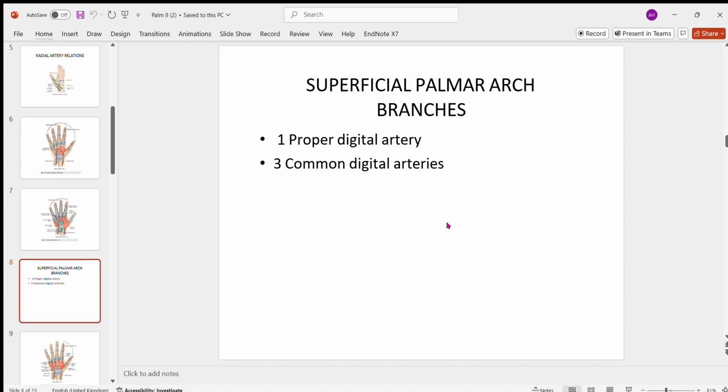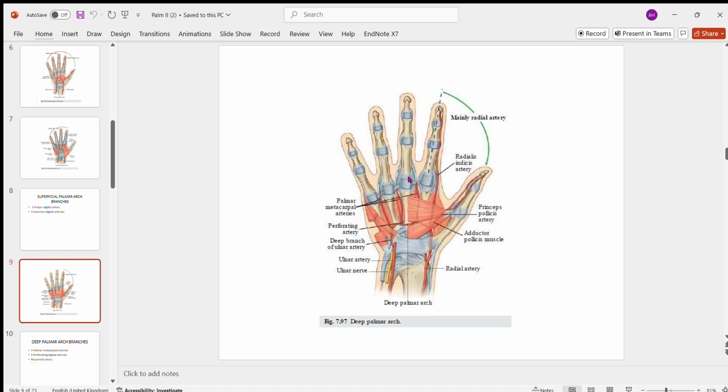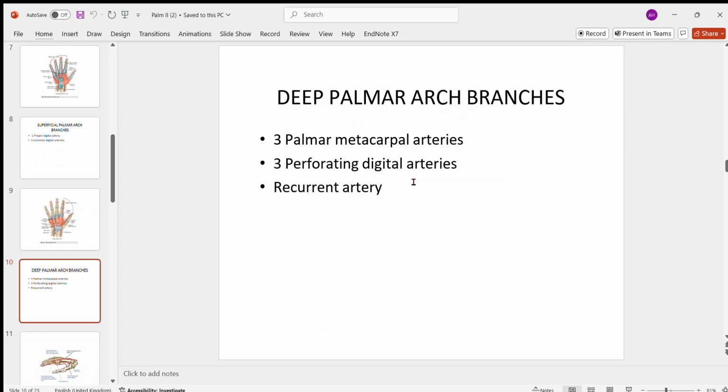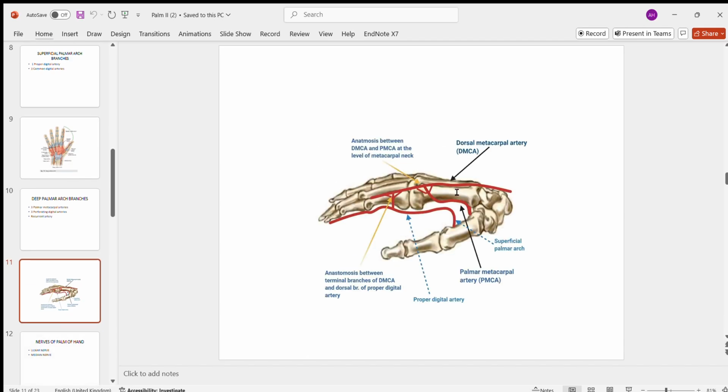The superficial palmar arch, as I've mentioned earlier, gives off one proper digital artery and three common digital arteries. And the deep palmar arch branches are the three palmar metacarpal arteries, three perforating arteries, and a recurrent artery. In this picture again, we can see this is the dorsal metacarpal artery. This is the proper digital artery. This one is the superficial palmar arch.